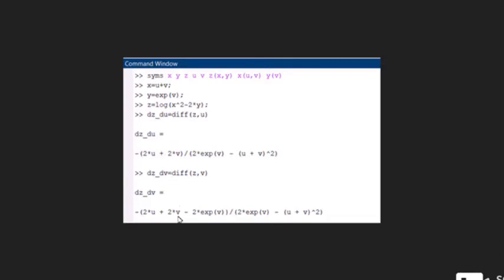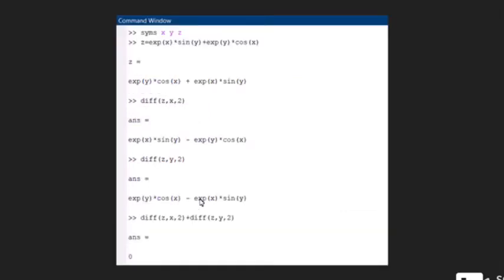Okay, for question 2c, the question asks us to show that d2z per dx2 plus d2z per dy2 is equal to 0. So the equation is exponential y multiplied by cos x plus exponential x multiplied by sin y.